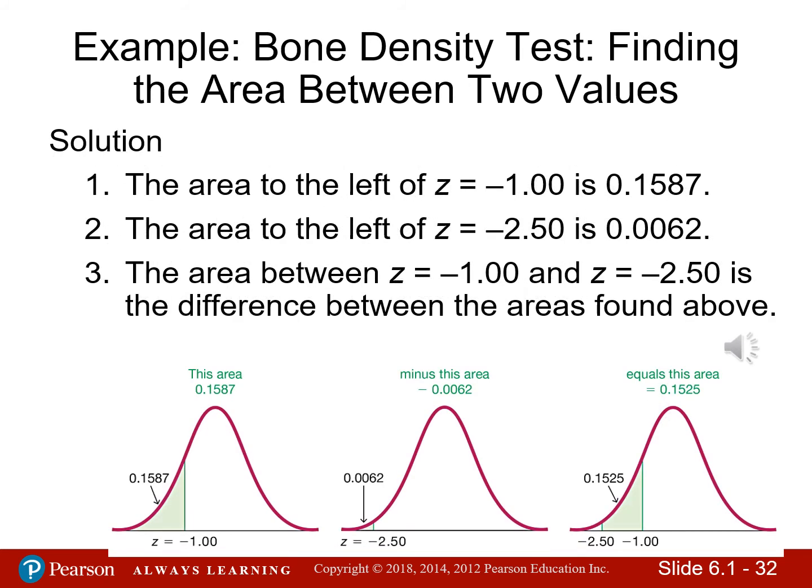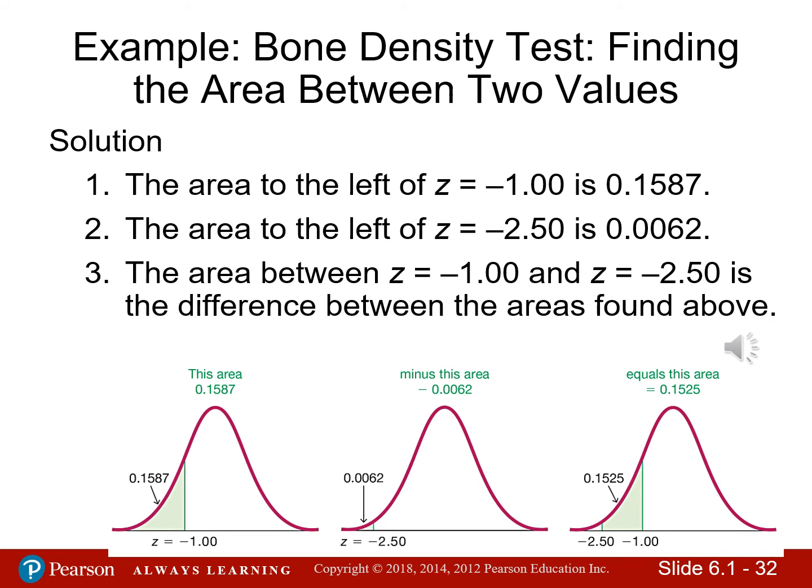The first thing we want to do to find the area, or the probability that z is between -1 and -2.5, is to first find the area where z is equal to -1. And we found that in our previous example. So the area to the left of z equals -1 is 0.1587.